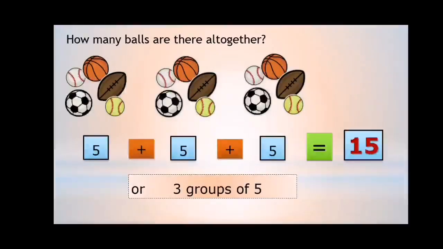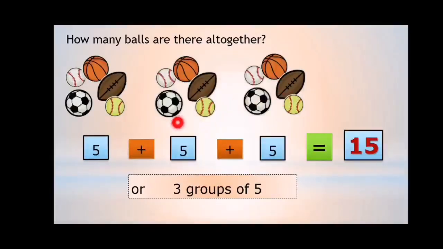This given picture can be represented as a multiplication sentence. If we write it as 3 groups of 5, you can observe there are 5 balls and there are 3 groups of these 5 balls.